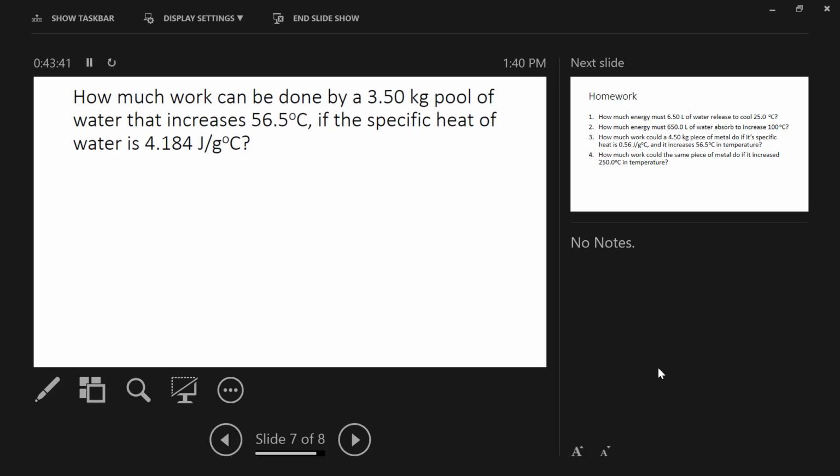And then finally, if we wanted to solve for change in temperature, and we have mass and specific heat being multiplied to change in temperature, how do we get away with something being multiplied to it? We divide it away, and so we would end up with change in temperature is equal to work divided by mass times specific heat. And so there you have a way, an algebraic manipulation of our tool to solve for any of these variables you may be asked to find.